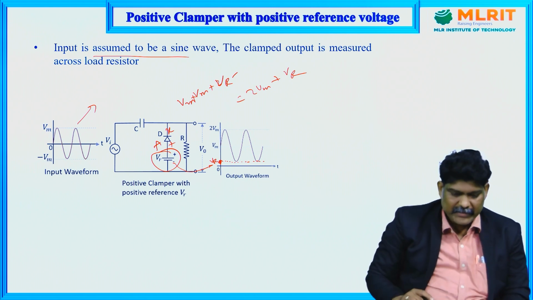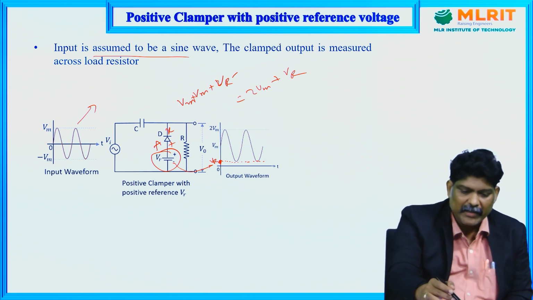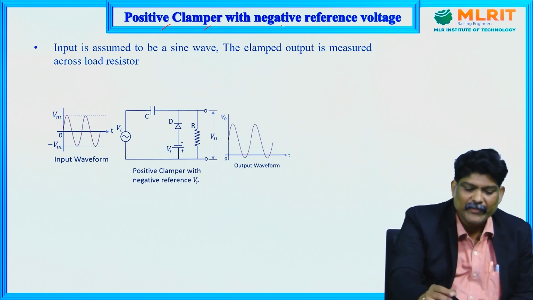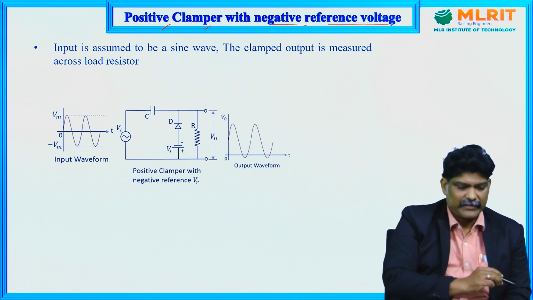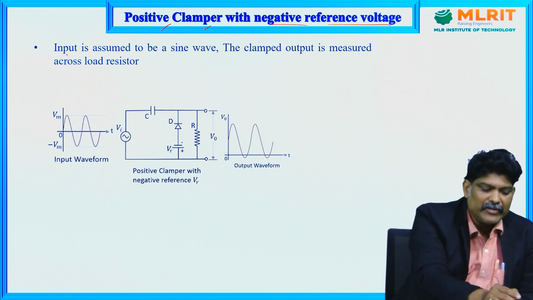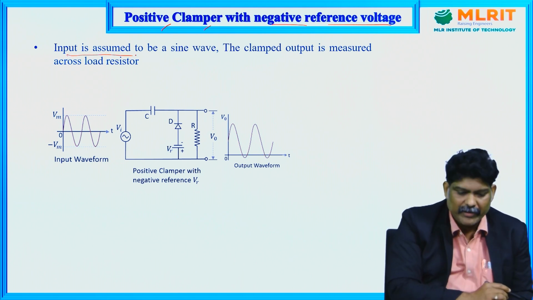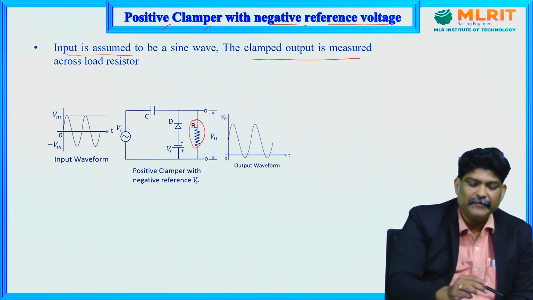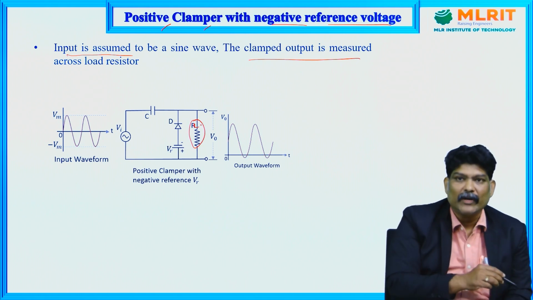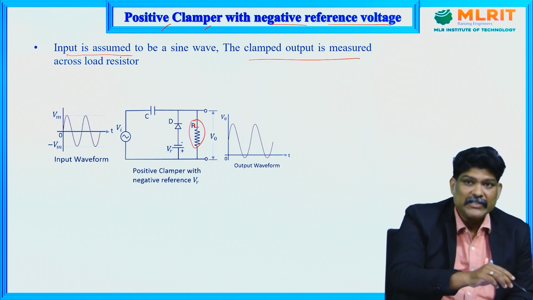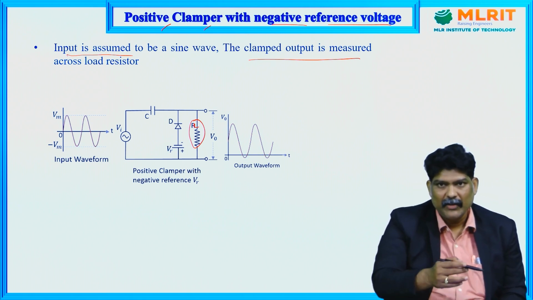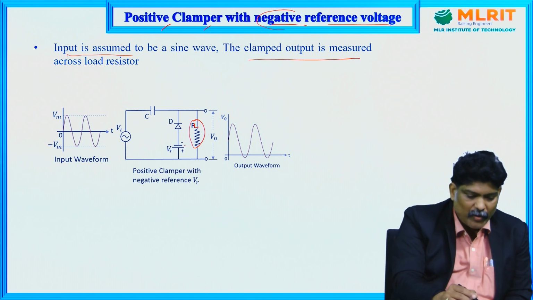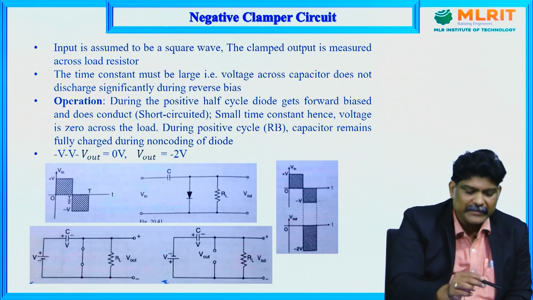Similarly, the same thing can be done with the negative reference. So this is the positive clamper with negative reference voltage. Again, I have assumed input as a sine wave and the clamped output is measured across the load resistor RL. Previously it is a positive reference. Now in this case, we have applied a negative reference voltage. So when you apply minus, this is minus and this is cathode.